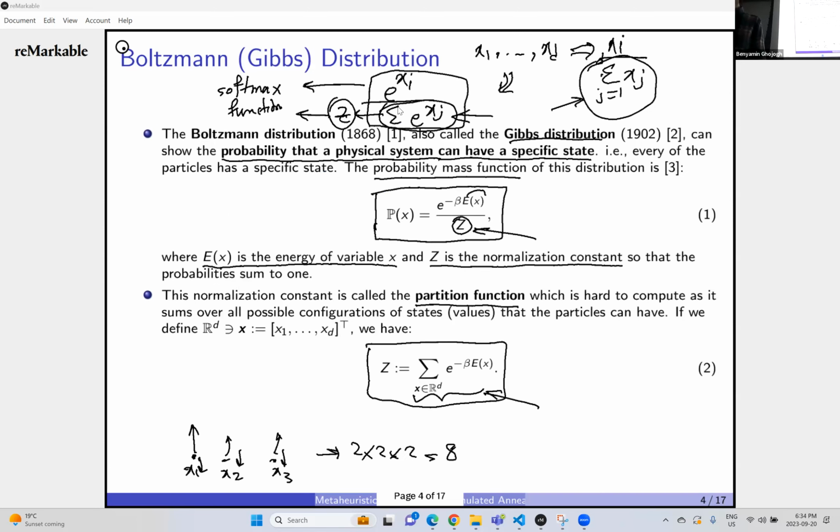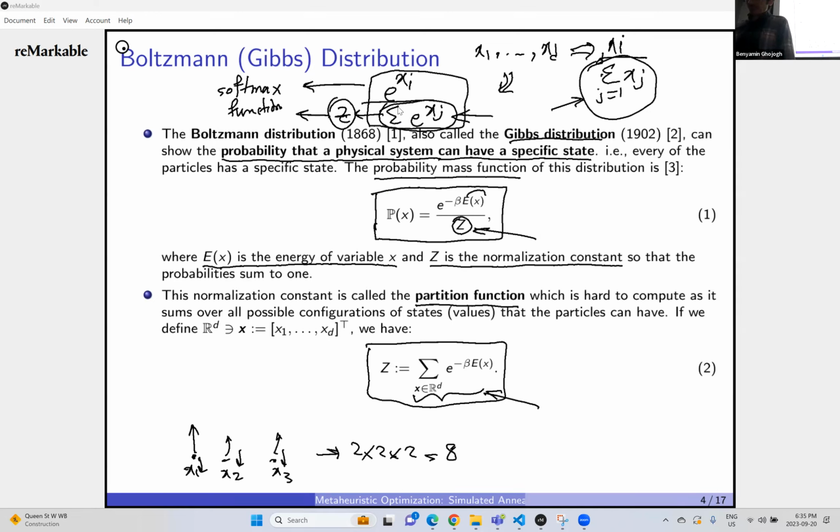Then we said, the Boltzmann distribution, what does it do? It shows the probability that a physical system can have a specific state. So we can have different permutations of +1 and -1 for the particles, such as 1, 1, -1, -1, 1, or some other permutations.